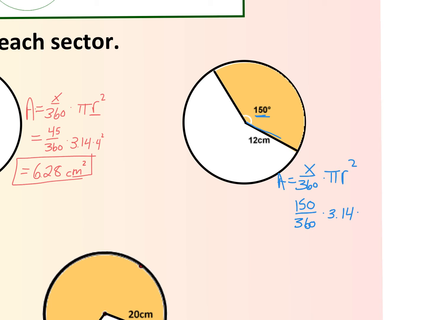Your radius is right there, is 12, so 12 squared. Plug all that into your calculator. 150 divided by 360 times 3.14 times 12 squared. And hopefully you came out with 188.4 centimeters squared, or squared centimeters.